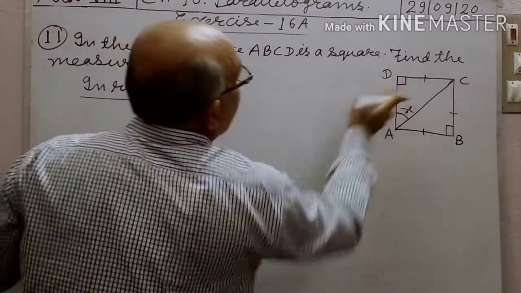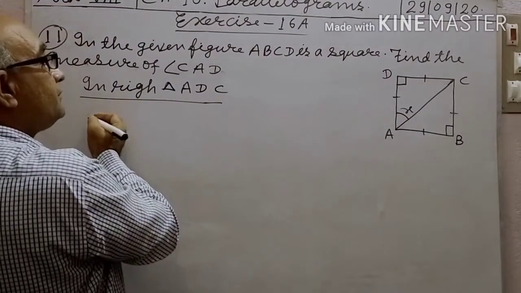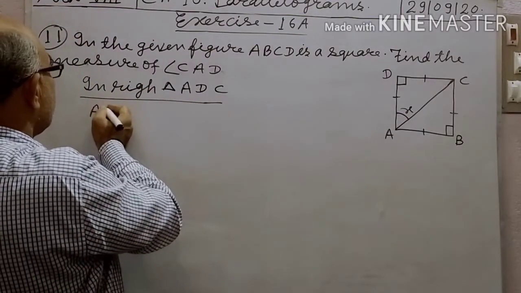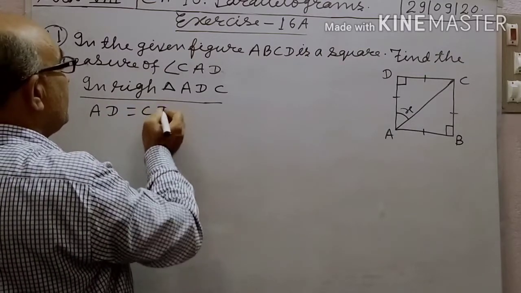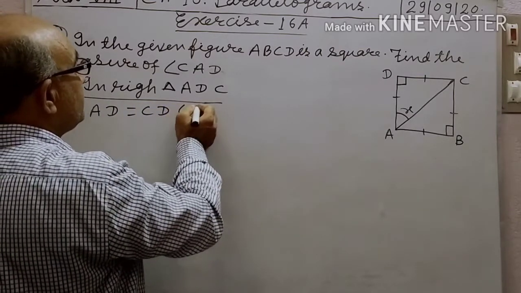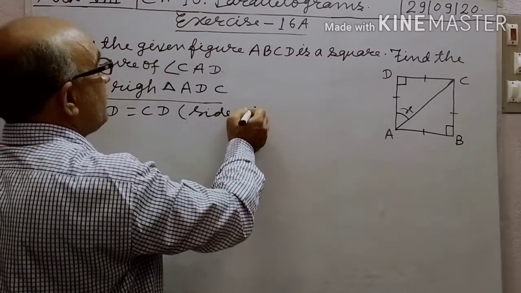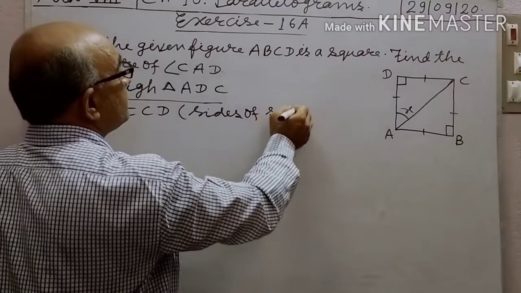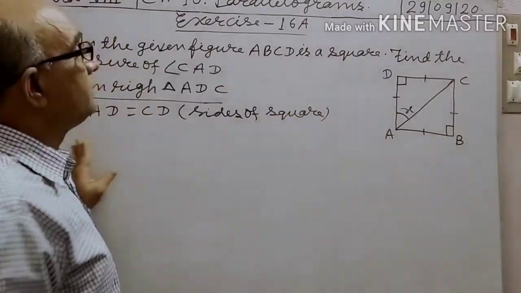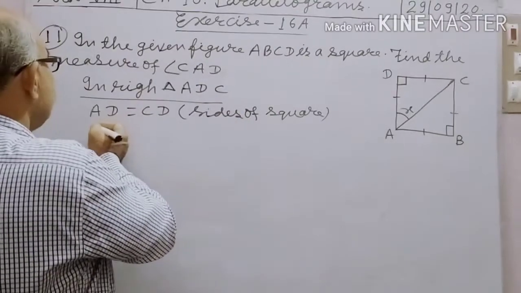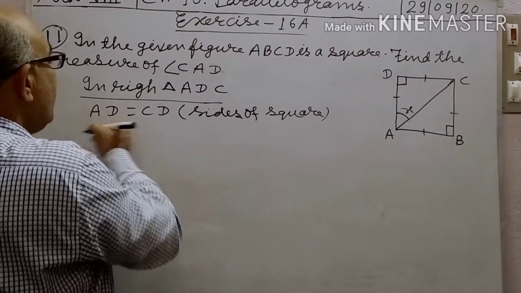AD equals CD, sides of a square are equal.